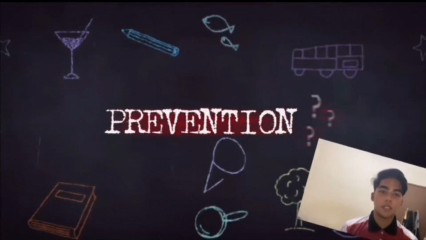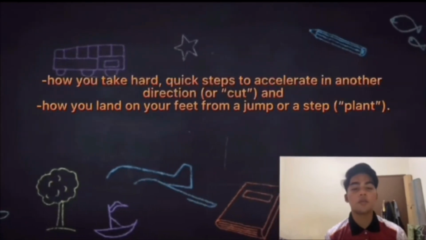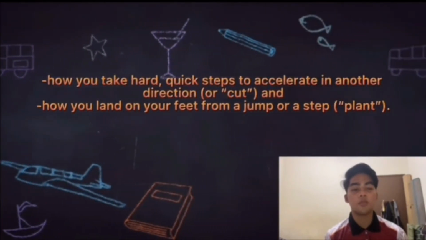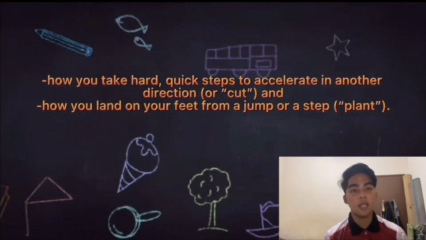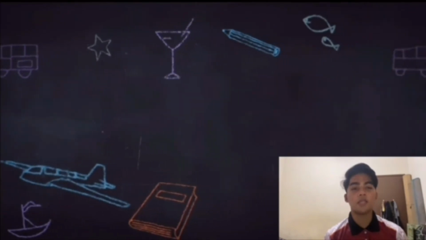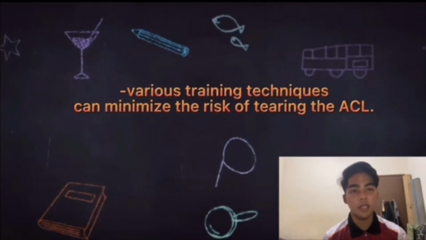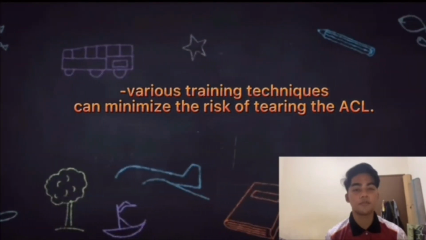Okay, for prevention, you should be especially mindful of 2 things: how you take hard, quick steps to accelerate in another direction or cut, and how you land on your feet from jumping. After that, various training techniques can minimize the risk of tearing the ACL.